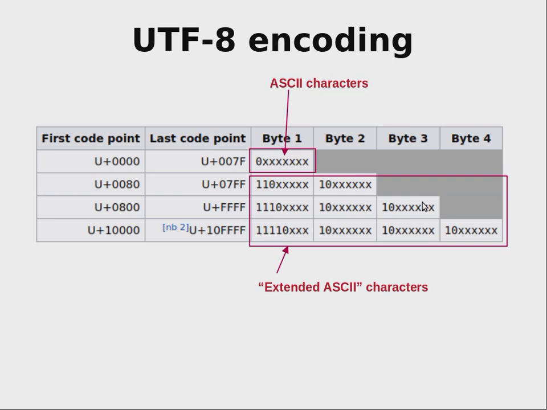Then if you need 3 bytes, so a larger value should be put here in these x's, in the free spaces of bits, then the first byte has the value 1110, and it says 3 bytes in the group should be read to represent a single character, and then you have free space as long here to put other data.